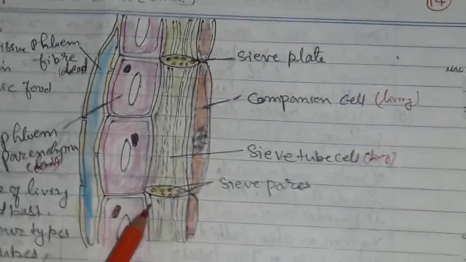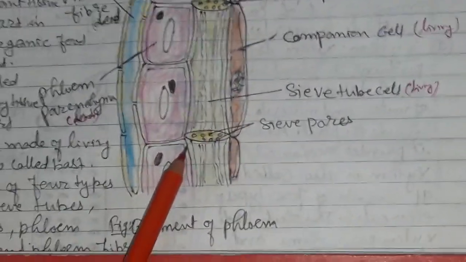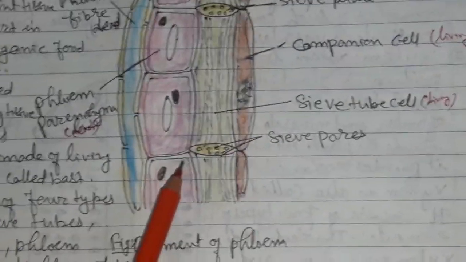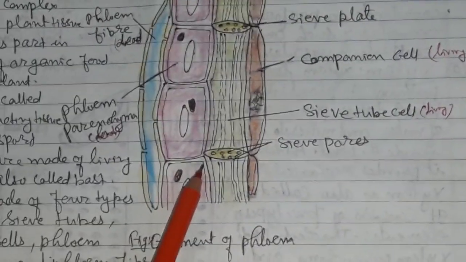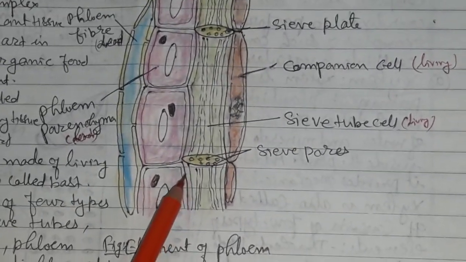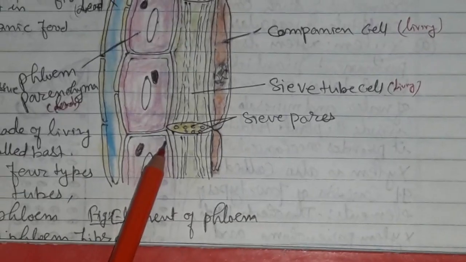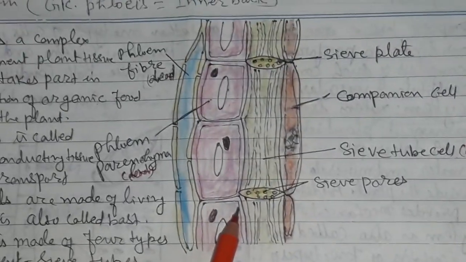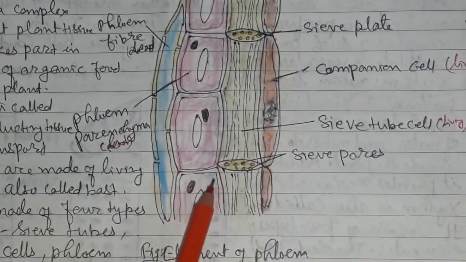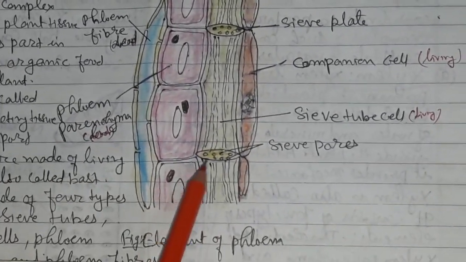A sieve tube is formed of a large number of thin-walled sieve tube cells placed end to end in a linear row. The transverse end walls between the adjacent sieve tube cells are perforated, and they are called the sieve plates.